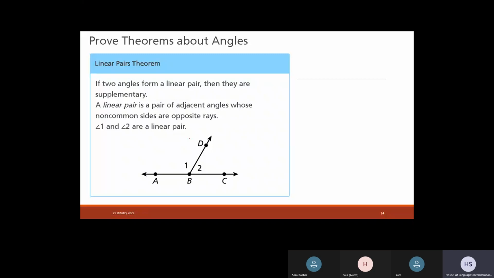If we have two opposite rays, one to the right and one to the left, and an adjacent line, these two angles are a linear pair, not equal. Their summation is 180, so they are supplementary.